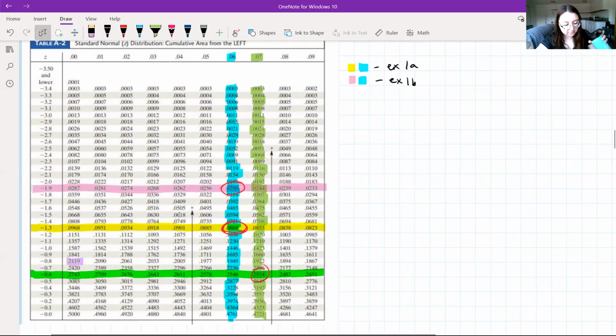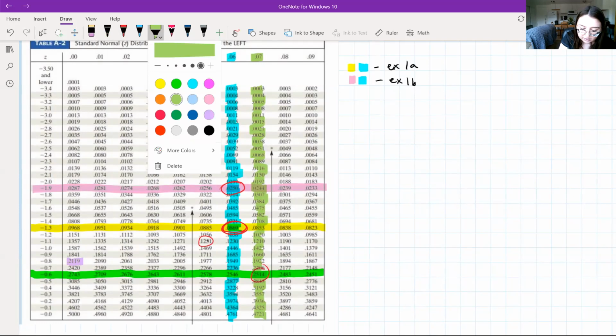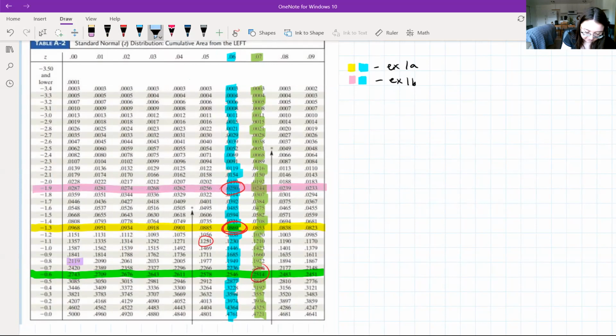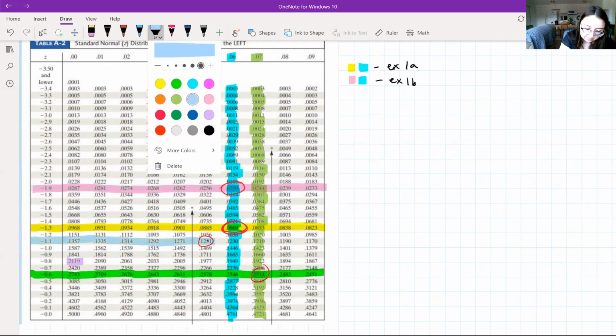So we're looking, and we end up finding this value here. We have 0.1251. There is no value of 0.1250, so we're going to pick this value. Then we see that it is in the row of negative 1.1.